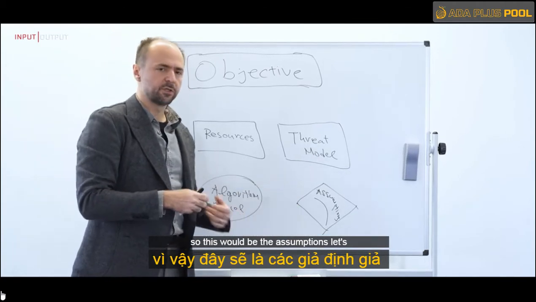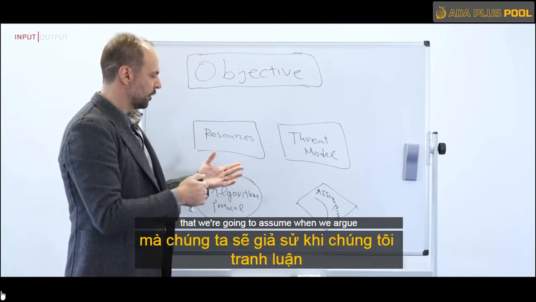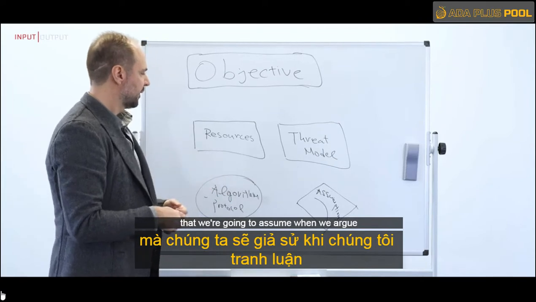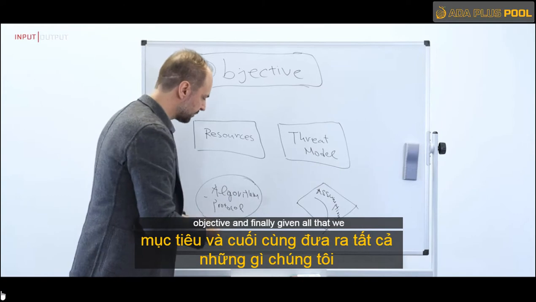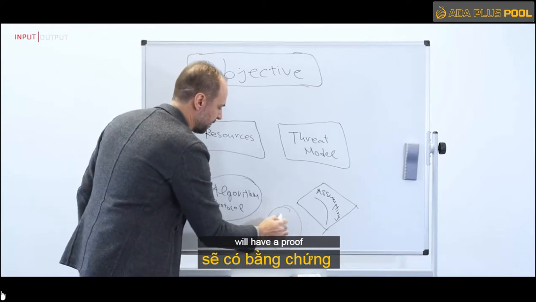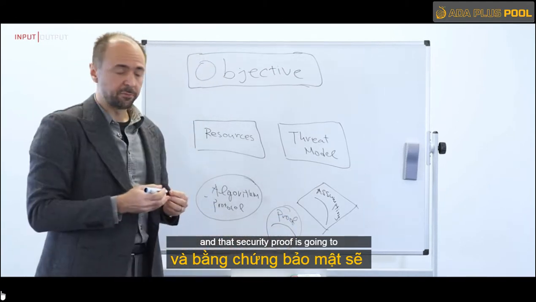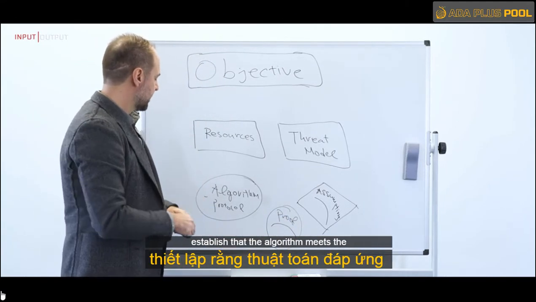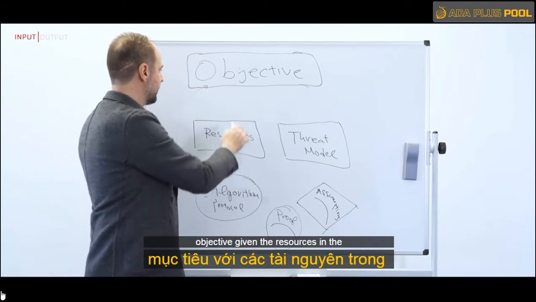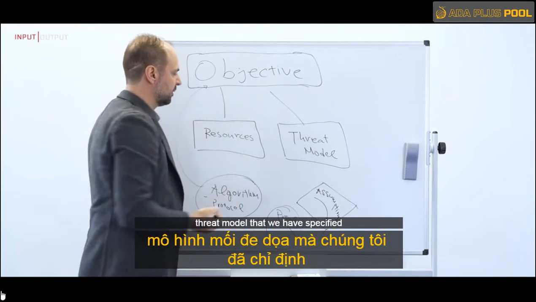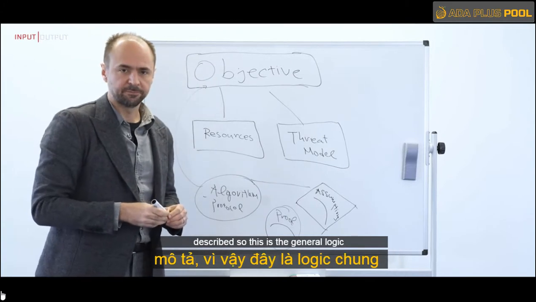So these would be the assumptions, let's say mathematical, frequently in nature, that we're going to assume when we argue that our protocol or algorithm meets the objective. And finally, given all that, we will have a proof. And that security proof is going to establish that the algorithm meets the objective given the resources in the threat model that we have specified under the assumptions that we have described.